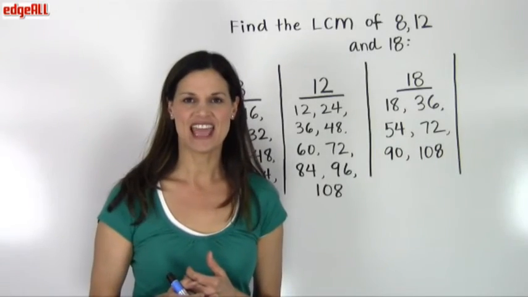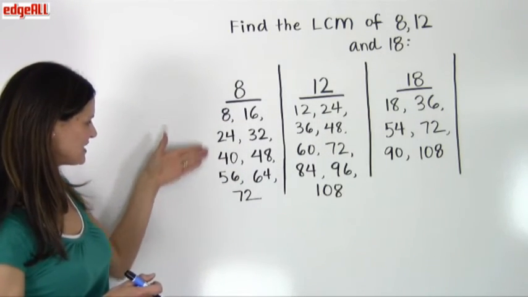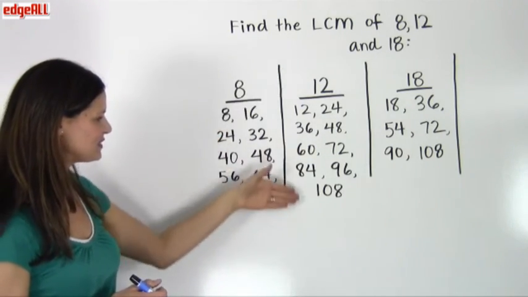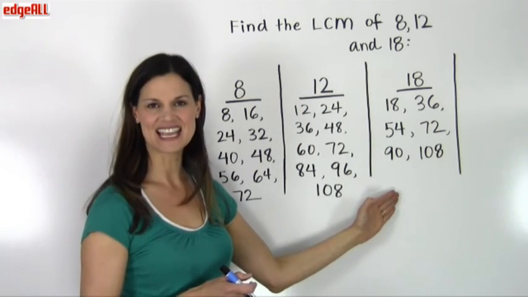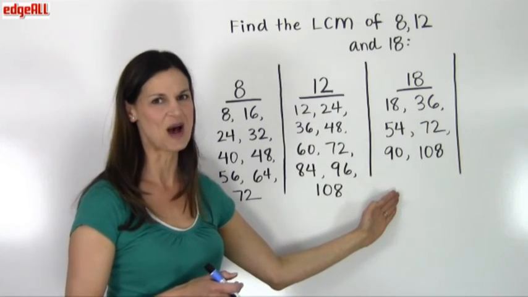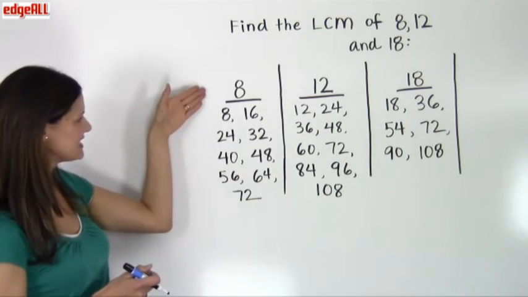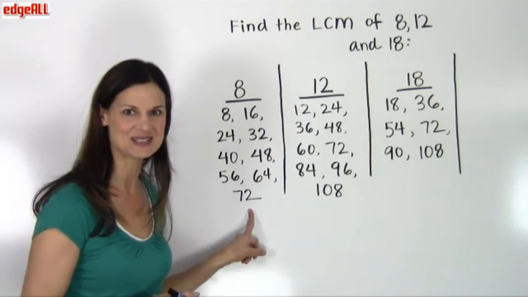Let's take a look at the other method of listing out the multiples of 8, the multiples of 12, and the multiples of 18, and finding if they have any in common, and then the least of those common multiples. I've listed out the multiples of 8, and I see that I have the 72 that we found.